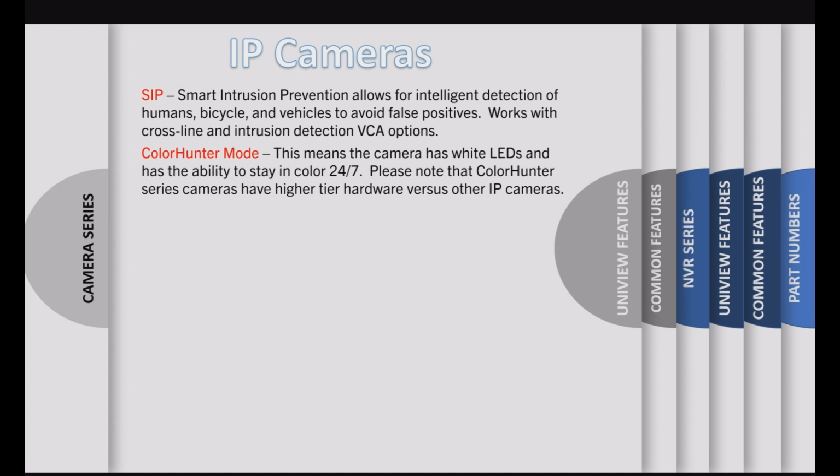But there are quite a few cameras that have gained Color Hunter Mode now, which means that the camera has white LEDs and the ability to stay in color all night. Just keep note of the fact that if you purchase a Color Hunter camera and a camera with Color Hunter Mode, the Color Hunter camera will outperform that other camera.